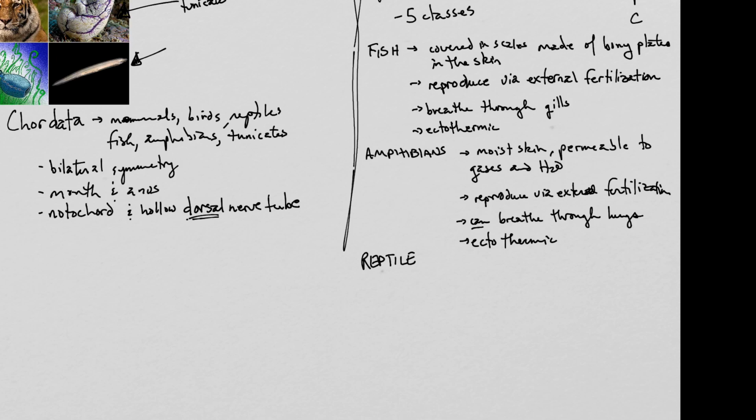All right, next up from amphibians is reptiles, covered in scales made of keratin. They reproduce via internal fertilization, and the females lay eggs.